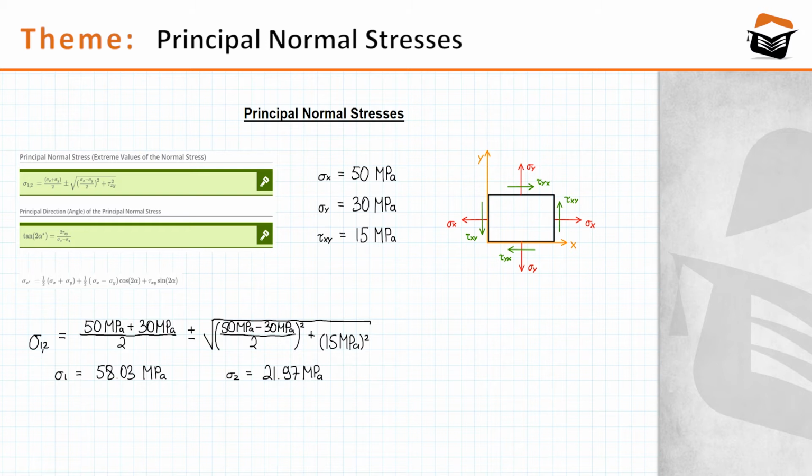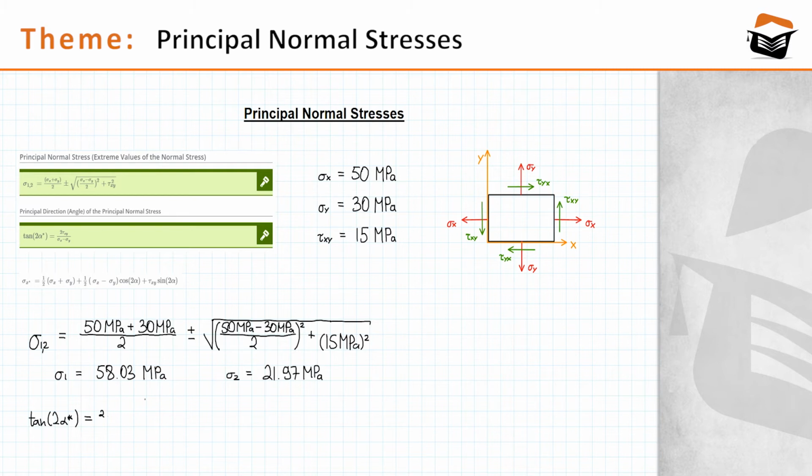And now we want to calculate the angle at which the coordinate system needs to be rotated to make the principal normal stresses appear. And the formula is tangent of 2 times alpha star is equal to 2 times tau xy.